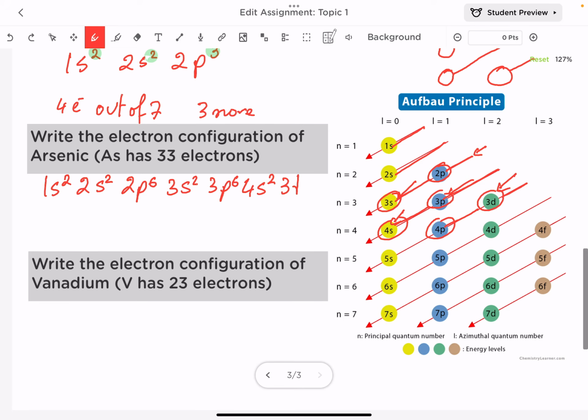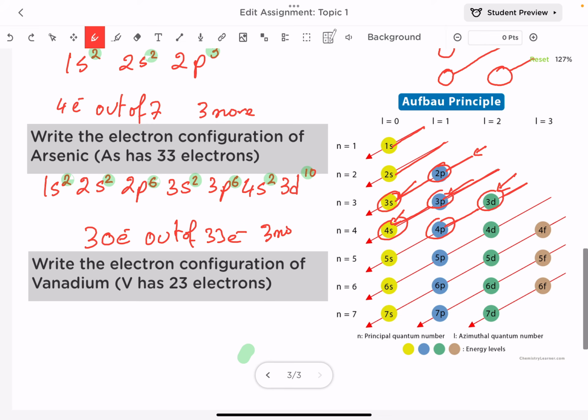and now 3d. As I mentioned at the beginning of this video, d can take up to 10. So let's pause and count now how many electrons we filled so far. 2 plus 2 equal 4, plus 6 equal 10, plus 2 equal 12, plus 6 equal 18, plus 2 equal 20, plus 10 equal 30 electrons so far out of 33 electrons.